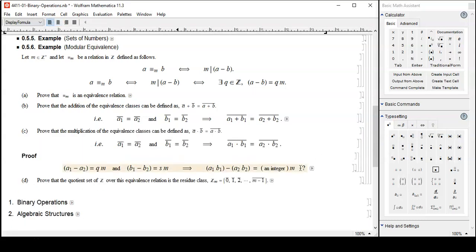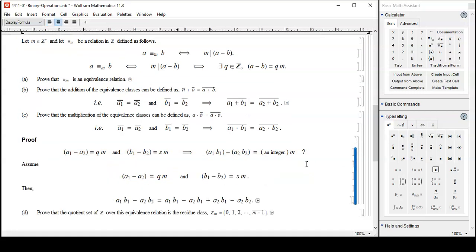What about this time? Any idea? You cannot just add them up or multiply. Any idea? The key is to subtract and add the same thing.